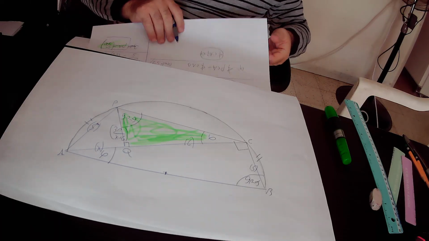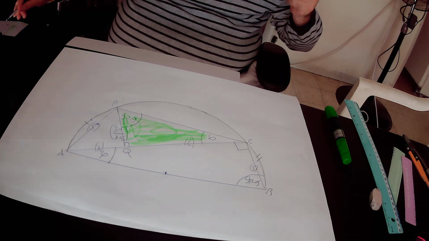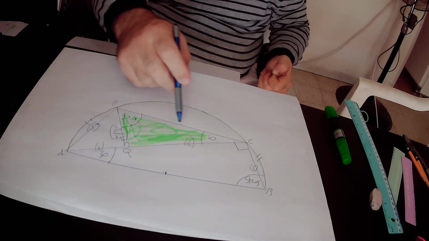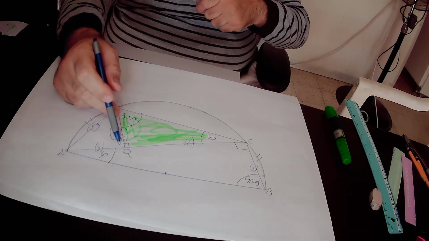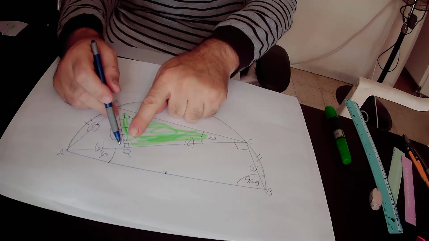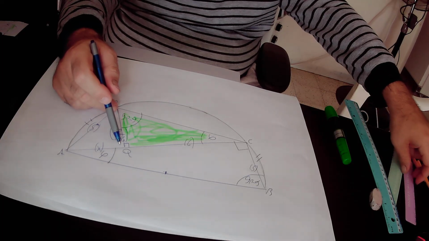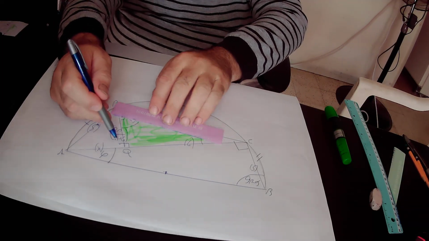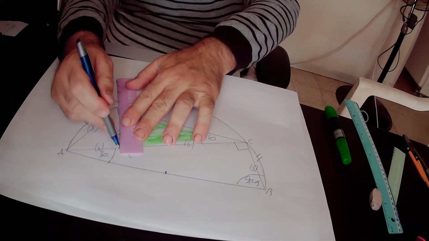We have this right angle plus this missing angle, and the sum of those two angles must be 180 degrees. Therefore this missing angle must be equal to 90 degrees.